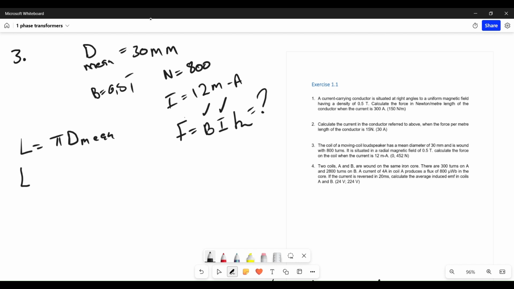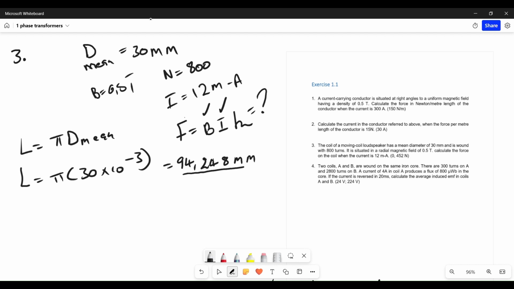So L is equal to pi times 30 times 10 to the negative 3, which gives us 94.248 millimeter.